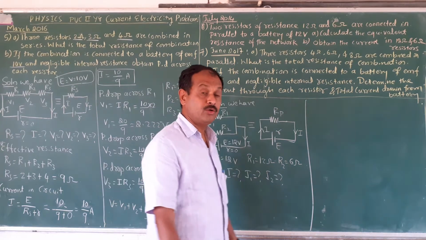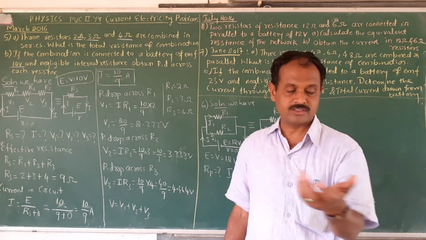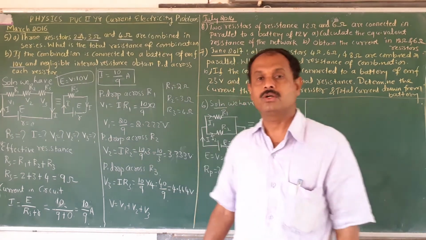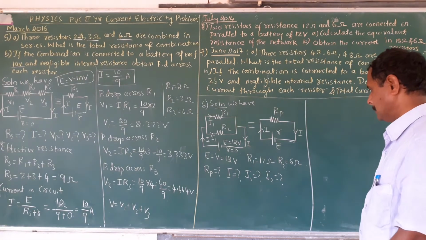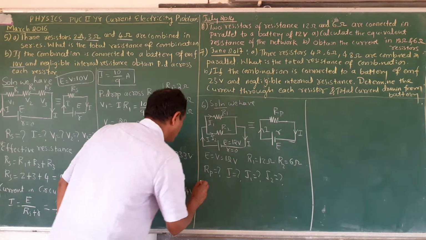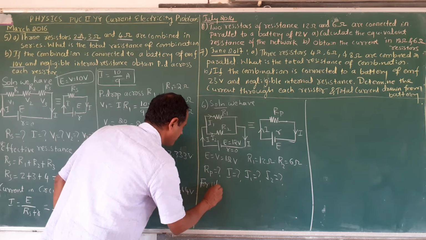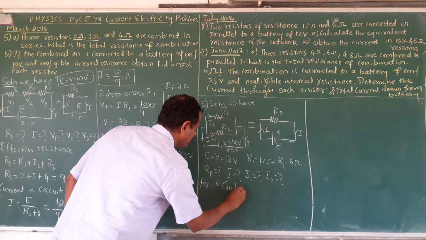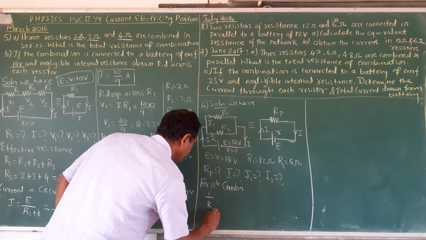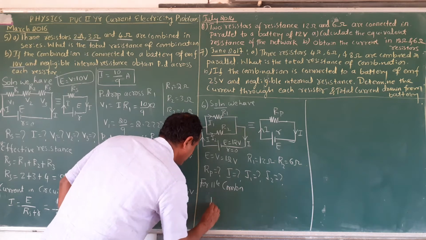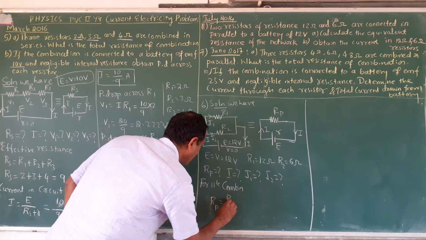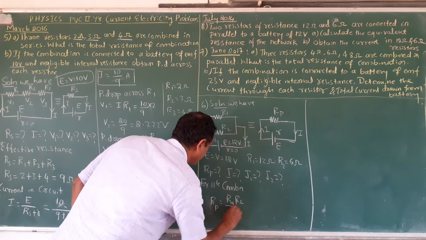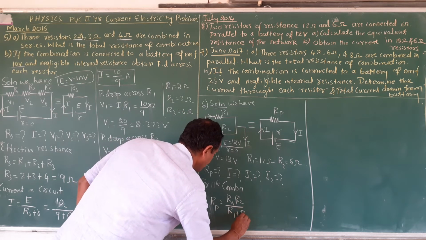RP is the equivalent or effective resistance of the parallel combination of two resistors. First you have to find the parallel combination: 1 upon RP, or directly RP is equal to R1 into R2 divided by R1 plus R2.